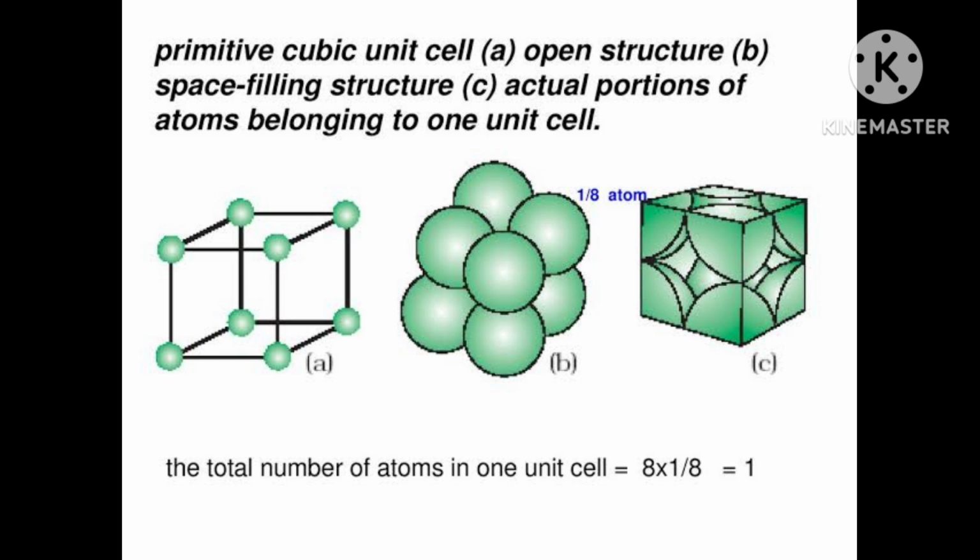4 spheres down and upside again 4, on each other. 4 down, 4 up. Total 8. This is the second type of cube representation.